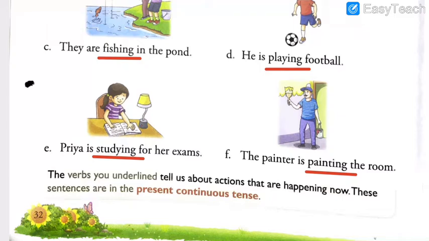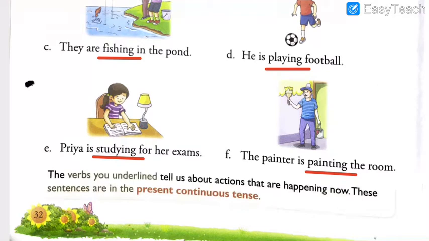When you are talking in the class for a long time, the teacher scolds you: stop talking, you are talking continuously. Do you remember this line? Every teacher might have said this line, right? So the things which are continuously happening.